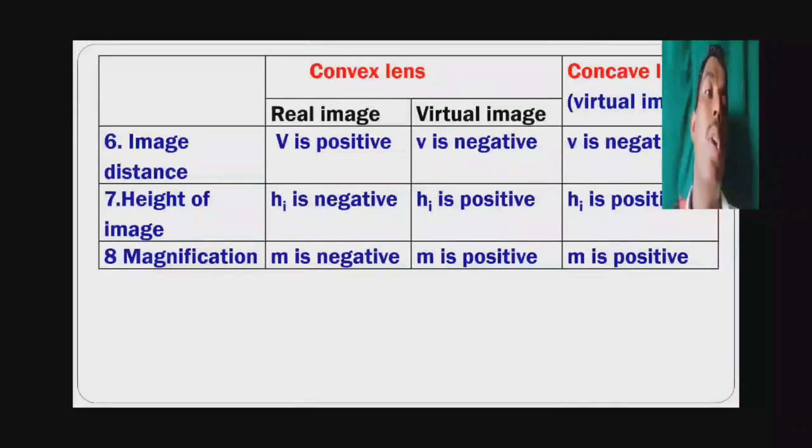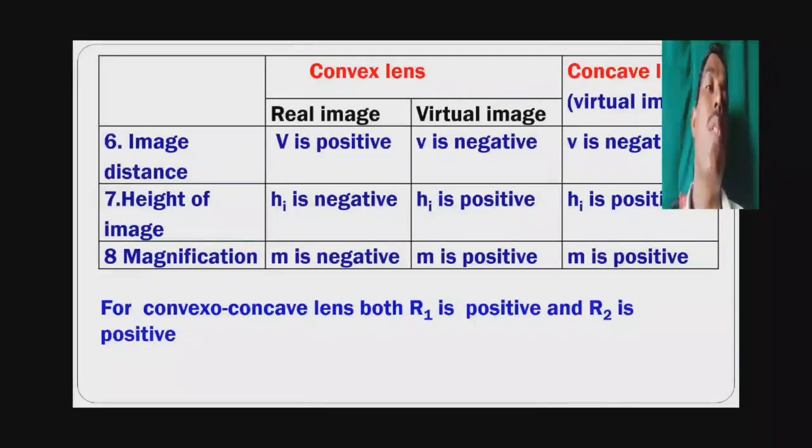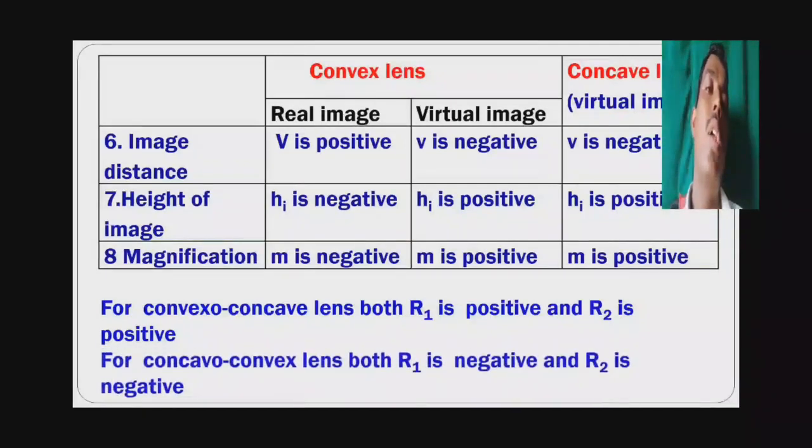For a virtual image, the height of the image is positive, that's why m is positive. For a convexo-concave lens, both R1 and R2 are positive. For a concavo-convex lens, both R1 and R2 are negative.